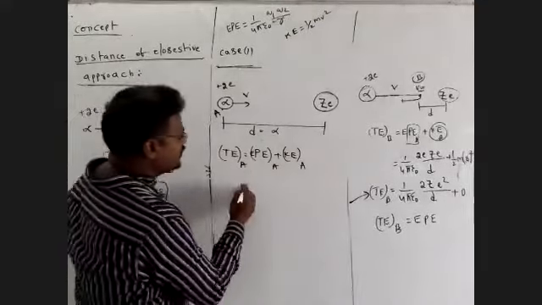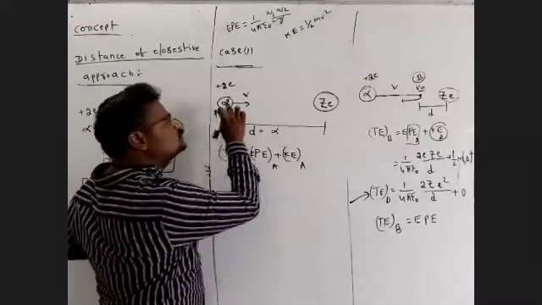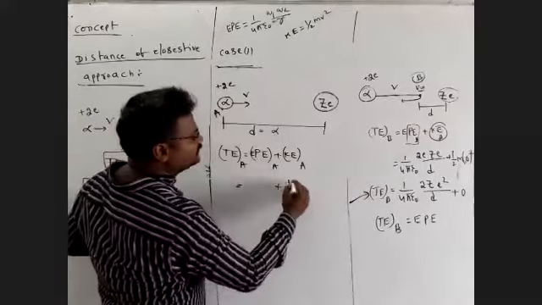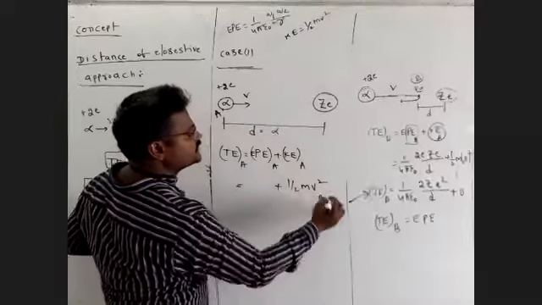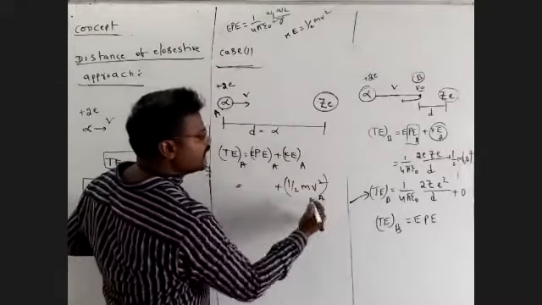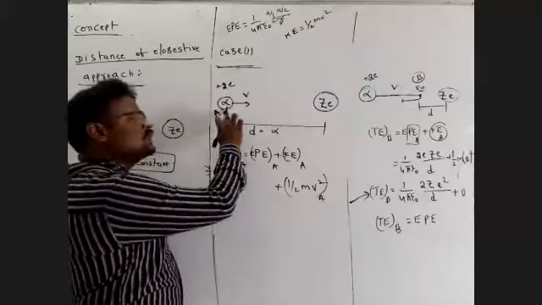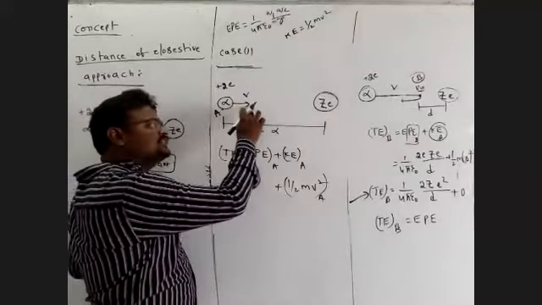Coming to the point: the alpha particle moves with velocity v, so it has kinetic energy at this point.